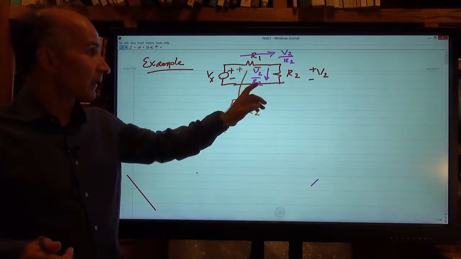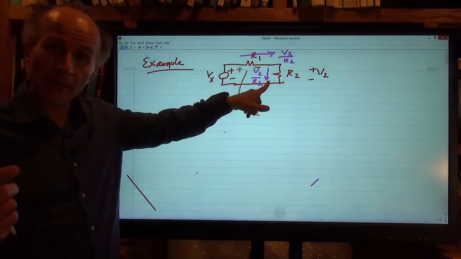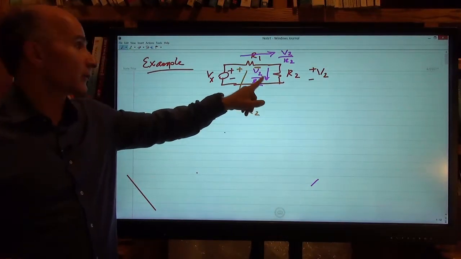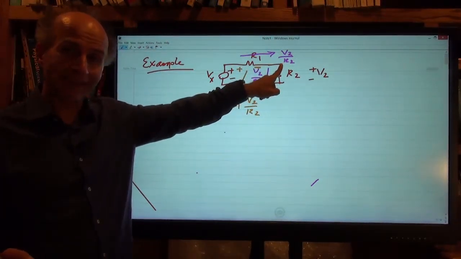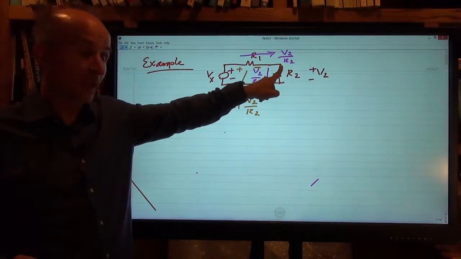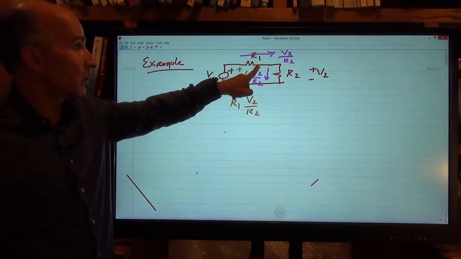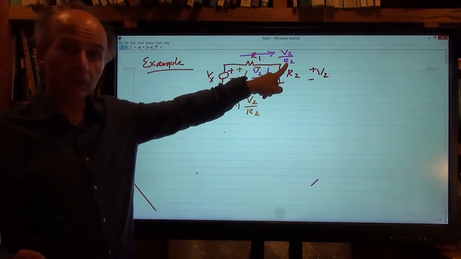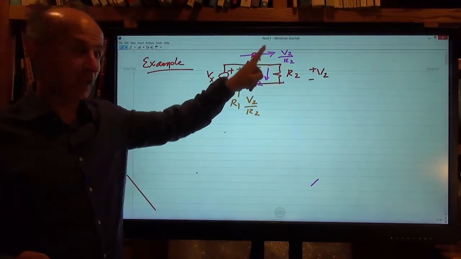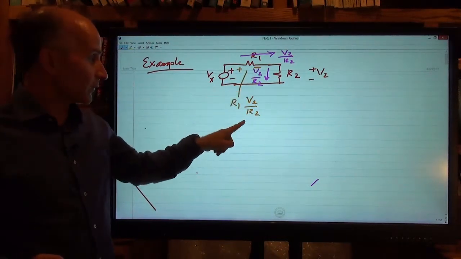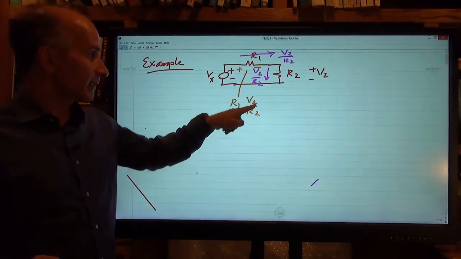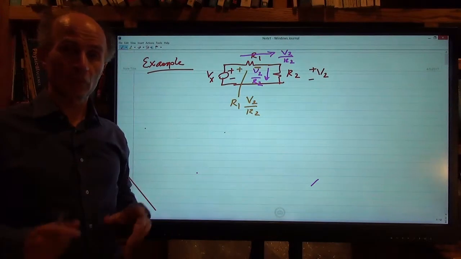Then we said the current flowing through R2 actually happens to be the same as the current flowing through R1 because KCL has to be satisfied here. Then we said if the current through R1 is V2 over R2, then the voltage across R1, this orange polarity, has to be equal to resistance times current. So we have that.